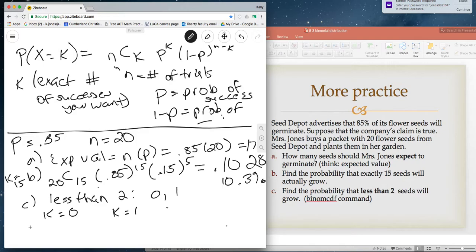Alright, for 0, that's a ridiculously low number. It's like 17 zeros. And then some 3s. Then we do it for 1. So we do 20C1.